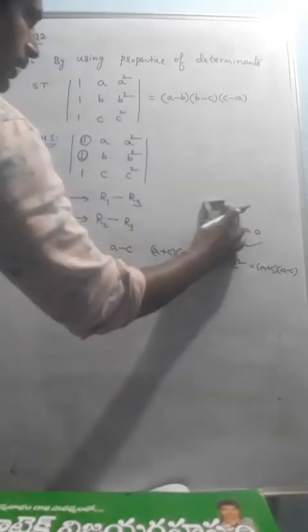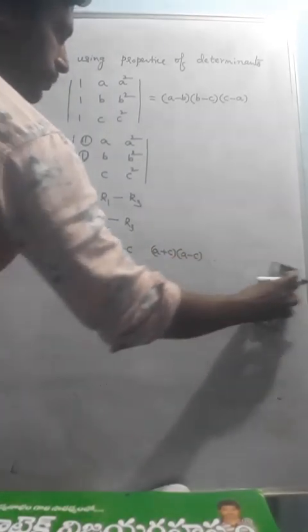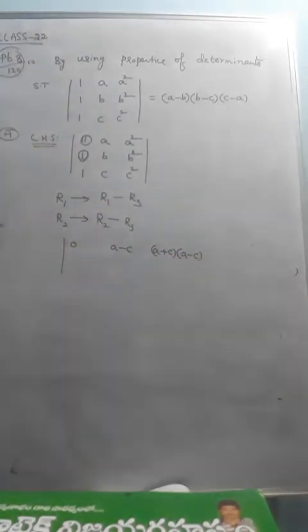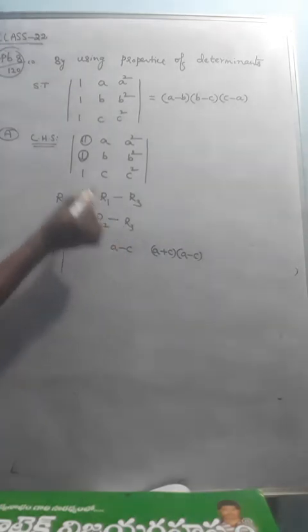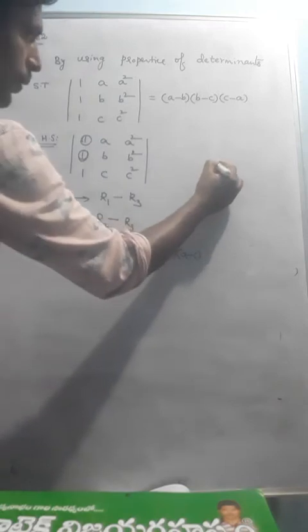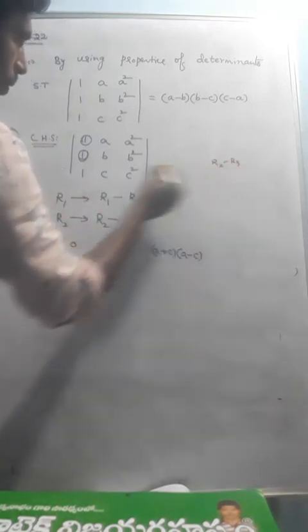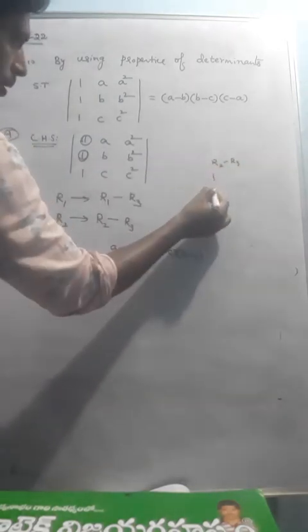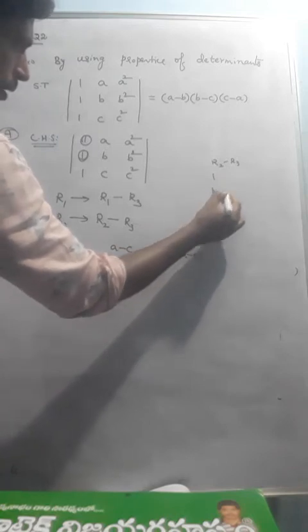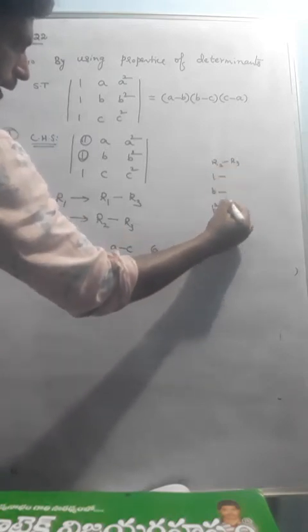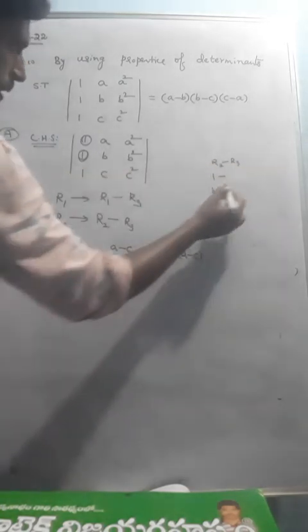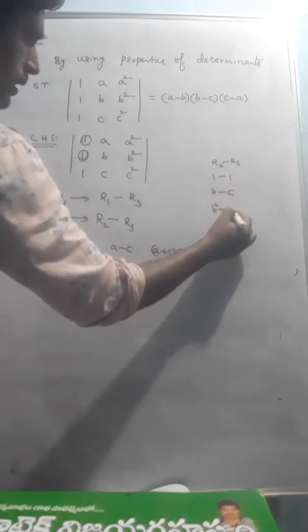Next, R2. How do you want R2? That means R2 minus R3. What are the R2 elements? 1, B square, minus operation, so minus. What are the R3 elements? 1, C square.